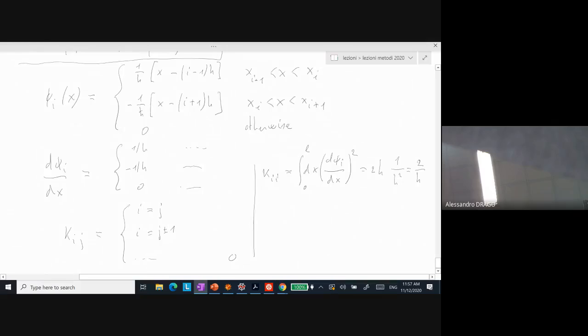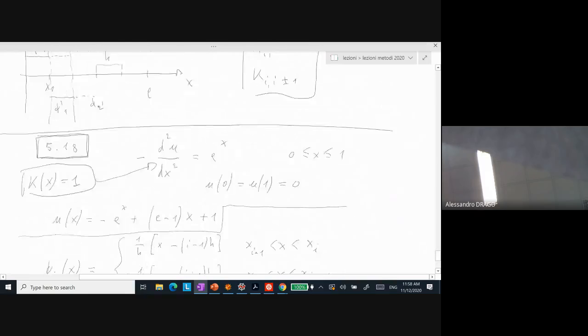And similarly, we can compute K i, i plus or minus 1. This is the same integral, and here we have phi i prime times phi i plus or minus 1 prime.